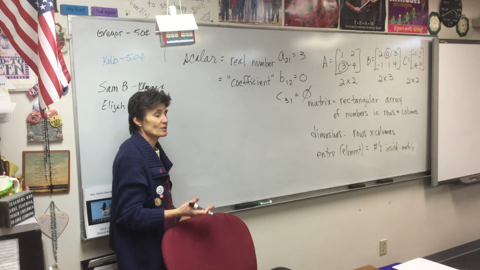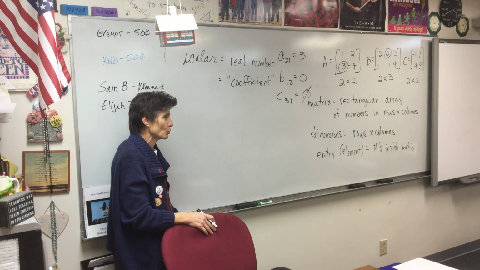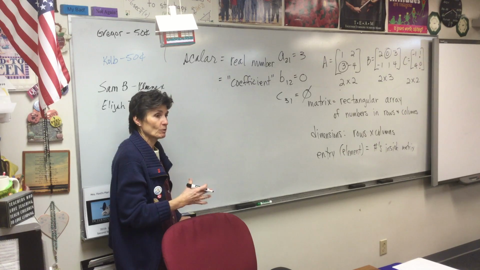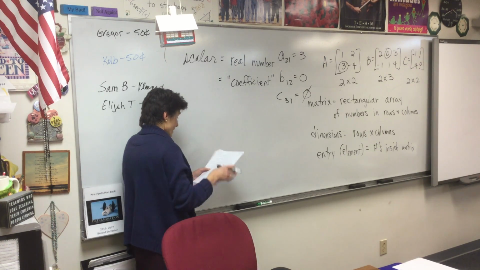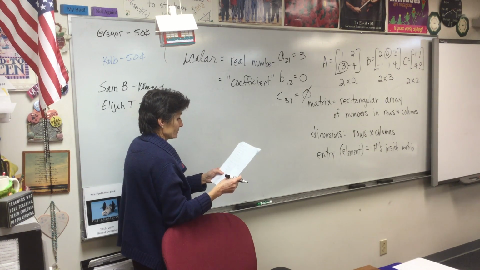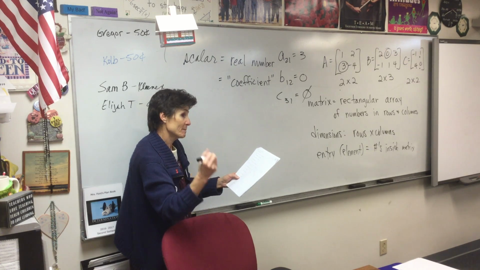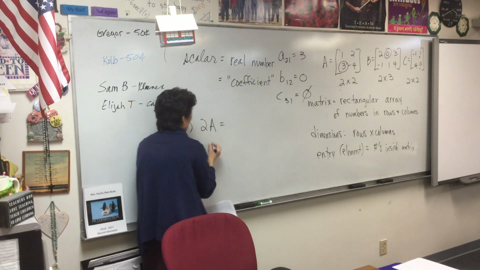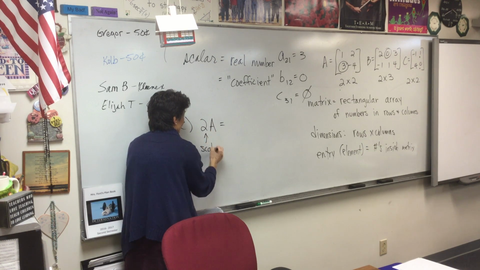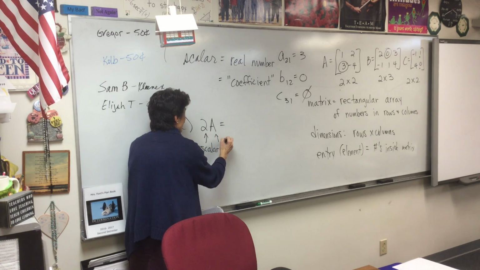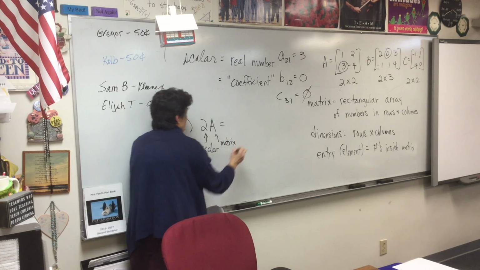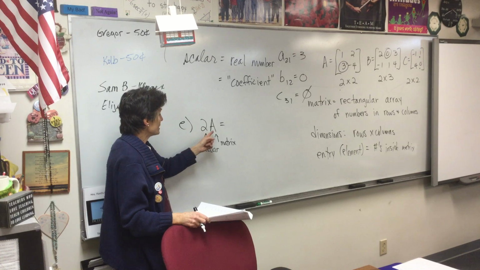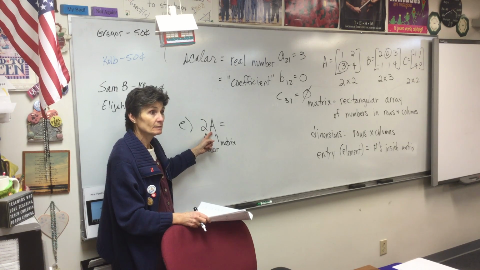They have a whole bunch of different vocabulary words. I'm not sure why. But the word scalar simply refers to a number. So, I hate to do this, but let's jump down to problem E. Problem E says 2A. 2 is the scalar. A is the matrix.